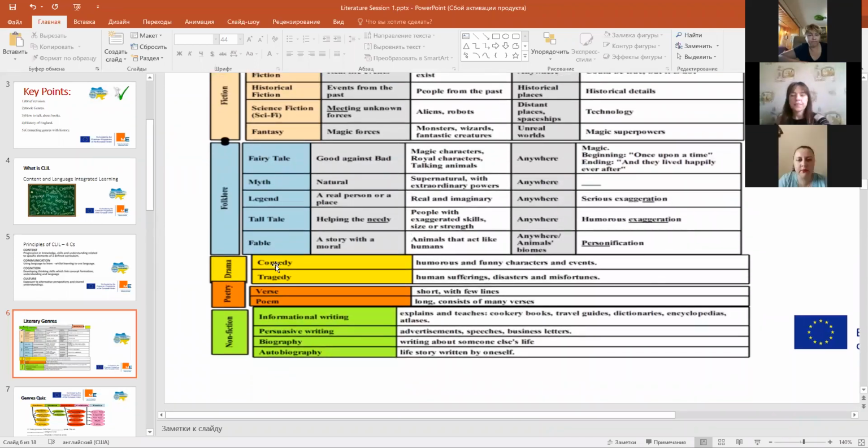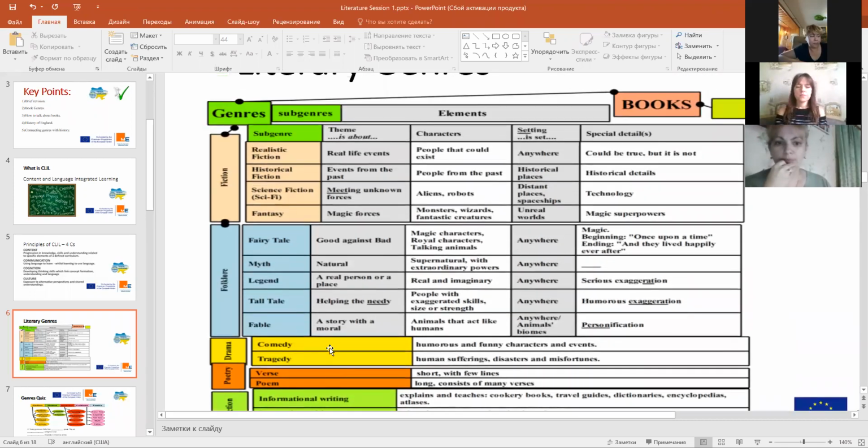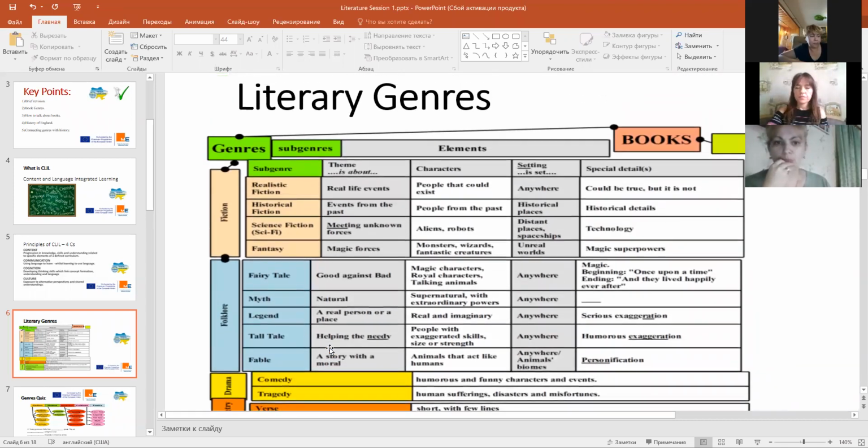Also, we can talk about drama, that is divided into comedy and tragedy. Poetry, that is divided into verse, a small type of poem, and longer poems, and non-fiction writing. So what do we focus on when we teach at school?